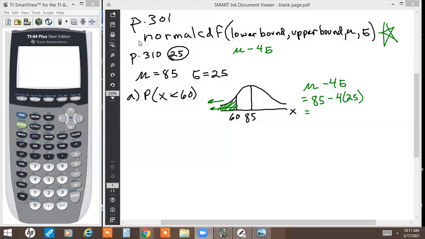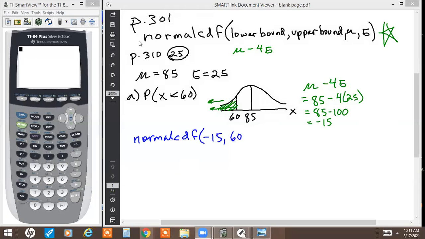So 85 minus 100, right? Negative 15. So here's what we're going to do. We're going to enter this in the calculator. We'll make our lower bound negative 15, our upper bound 60.